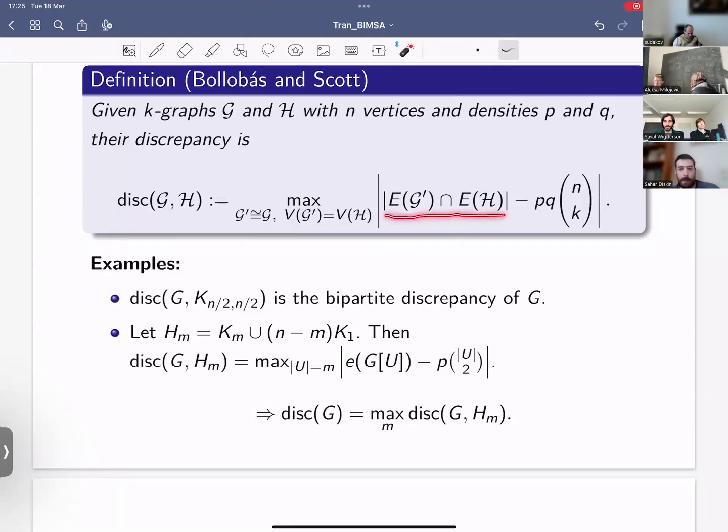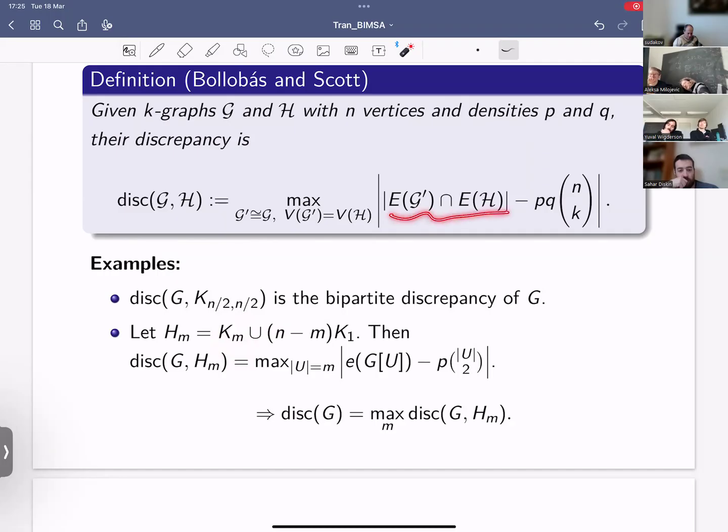Going back to the definitions, we should take this maximum over isomorphic copies G prime of G and look at the intersection of G prime with S_m. So we only need to care about the locations of the vertices of this K_m.